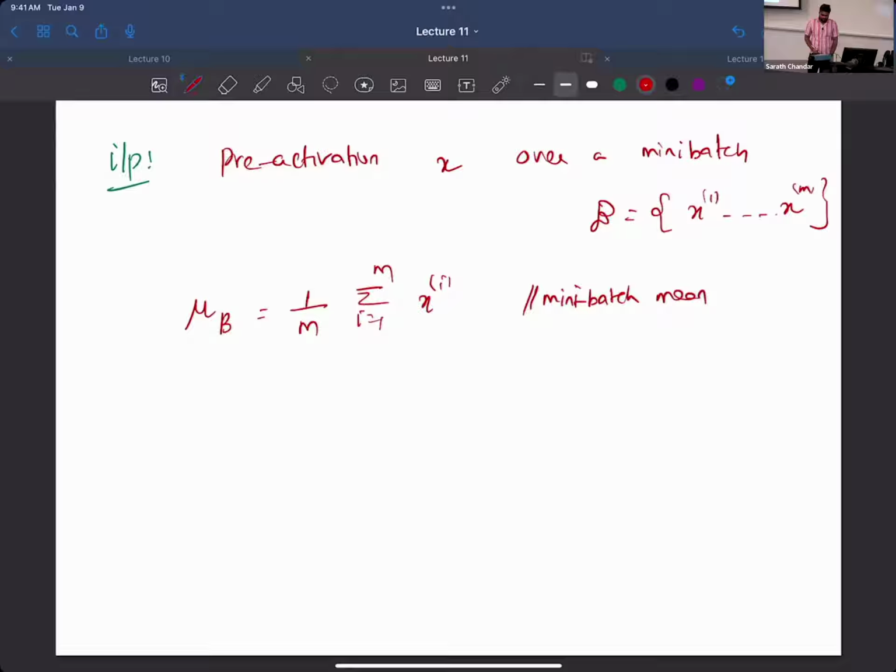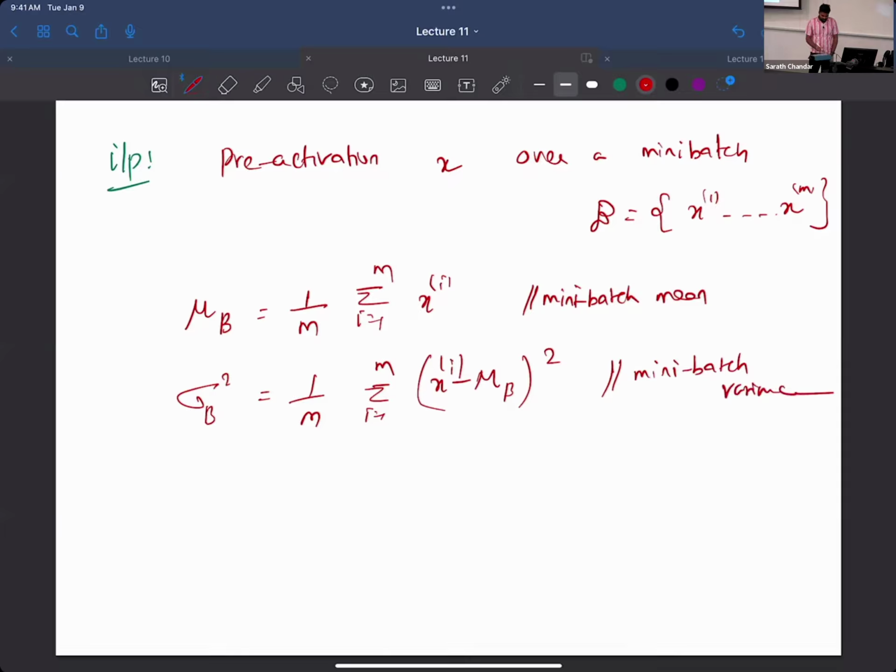Then I'm also going to compute the variance. So sigma_B squared is 1 over m, summation i equals 1 to capital M, (x_i minus mu_B) the whole squared. So this is my mini batch variance.